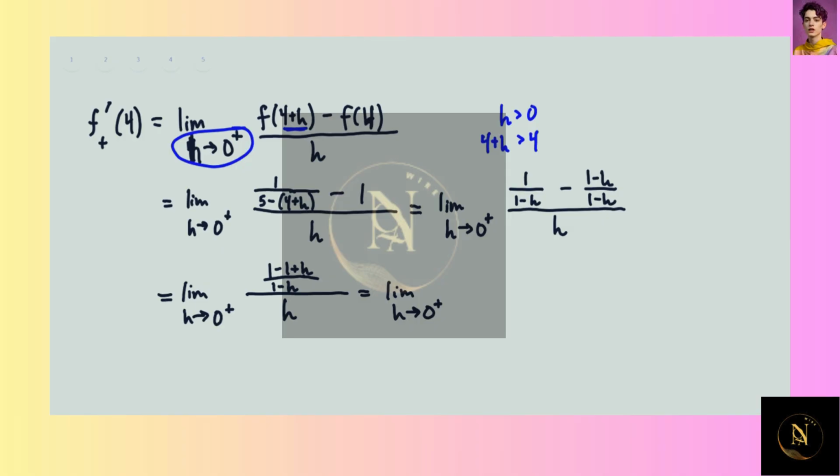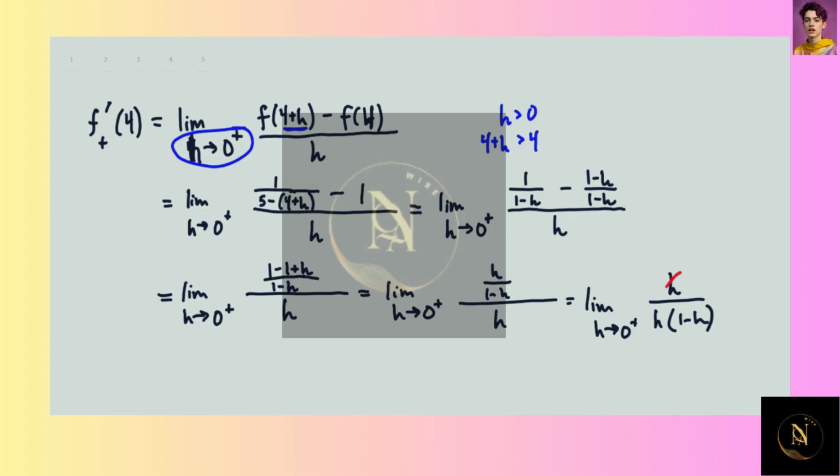1 minus 1 plus h gives us just h on top. 1 minus h over h. And coming to the end here, we can rewrite these in many ways. Perhaps easiest to see if we just rewrite like this.